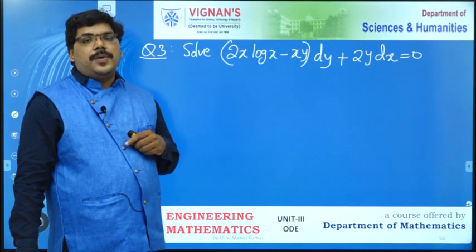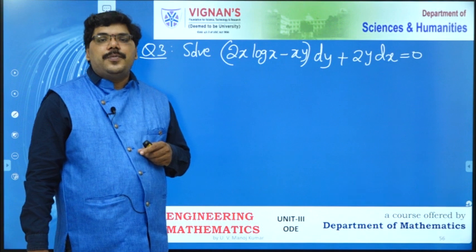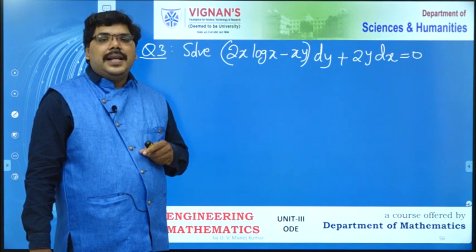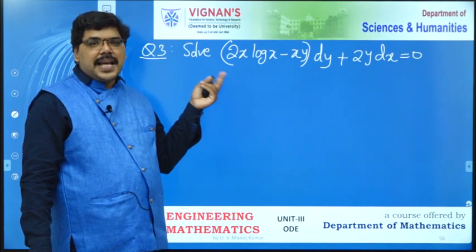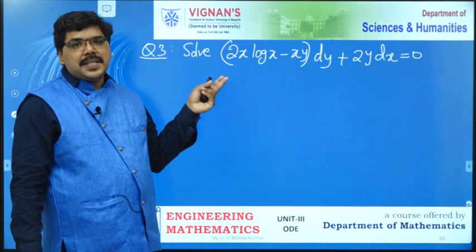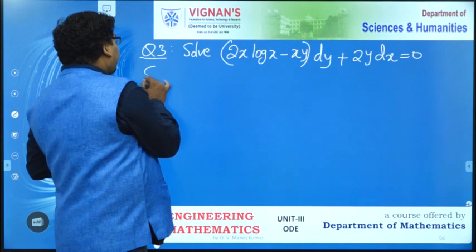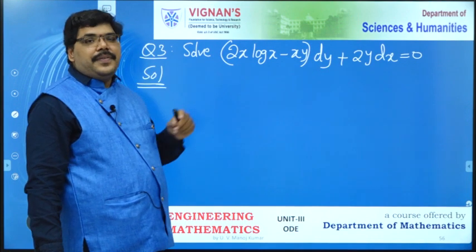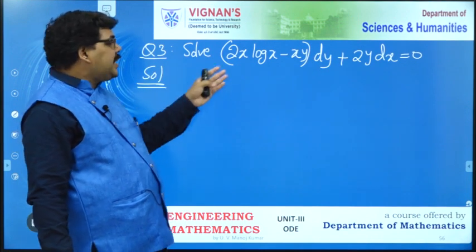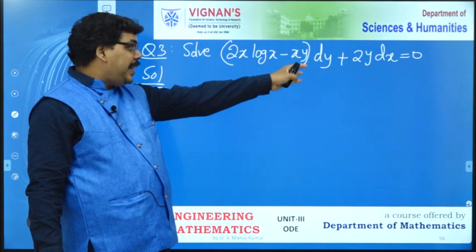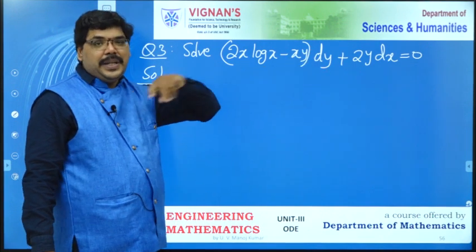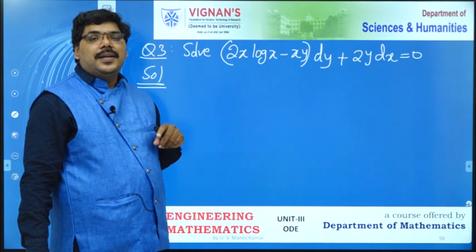This is the third problem on non-exact differential equations. Let us first confirm that it is non-exact, and then we discuss its integrating factor. What is the given differential equation? 2x into log x minus xy dy plus 2y into dx equals to 0.